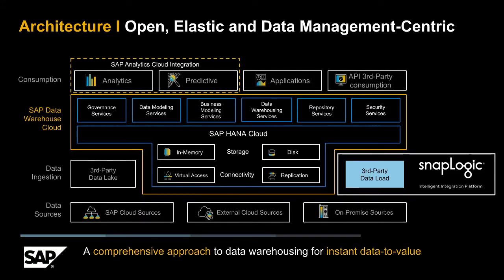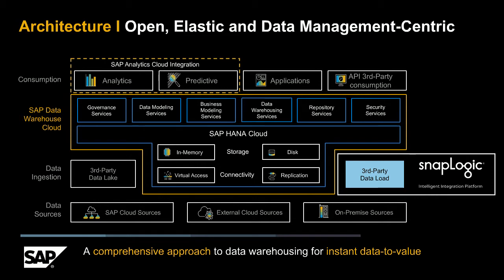If we look at the architecture, I don't want to go into depth, but I really want to point out our openness. So we run on the HANA Cloud. We have our ways to bring in data in a federated way or via replication, especially from the SAP solutions. But at the same time, with the Open SQL schema, we are really open to partner with partners like SnapLogic.